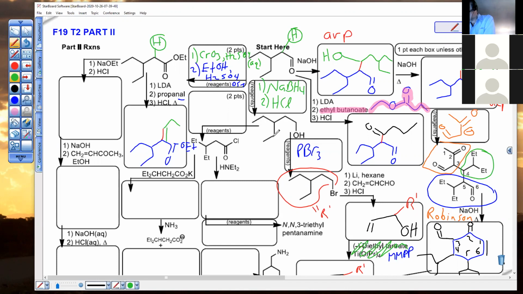Weird. This is not a dead end. What's going on here? Okay. Well, once again, this is a carboxylic acid derivative, and this is nowhere near the right oxidation state. To get to here, we need a carboxylic acid first. CrO3, H2SO4, aq again.